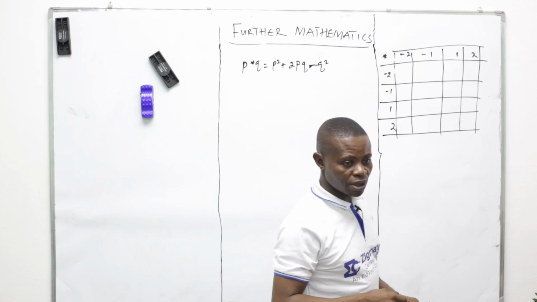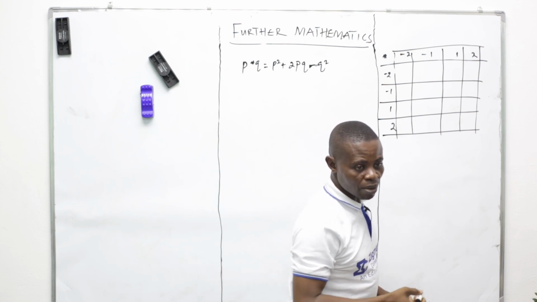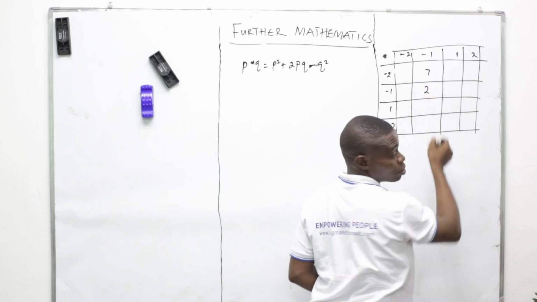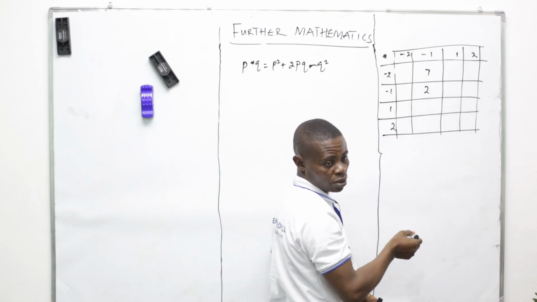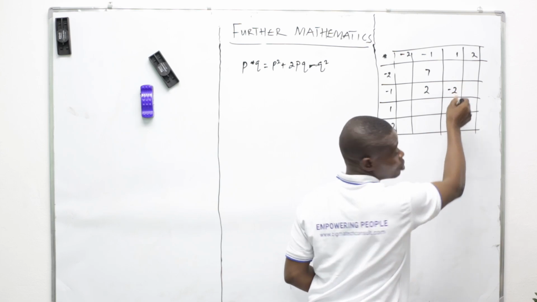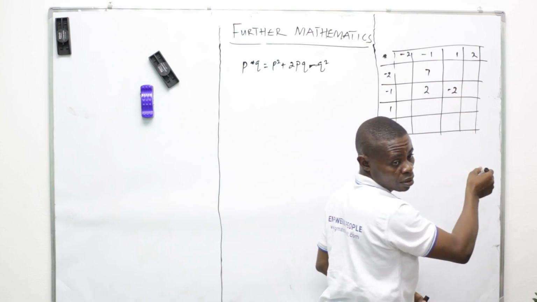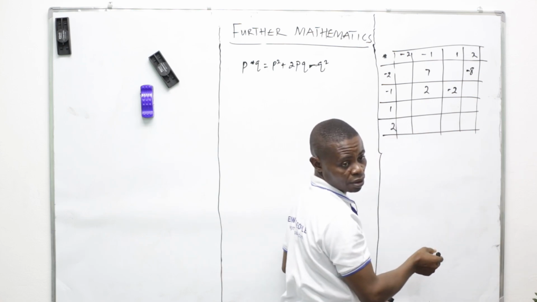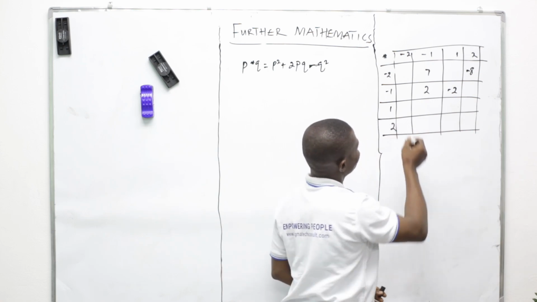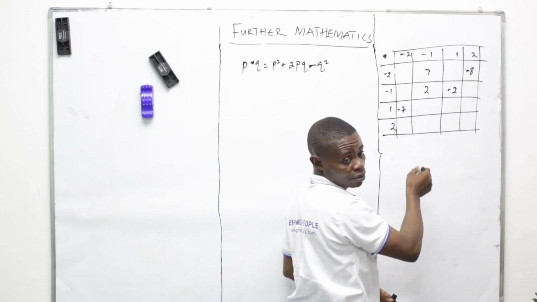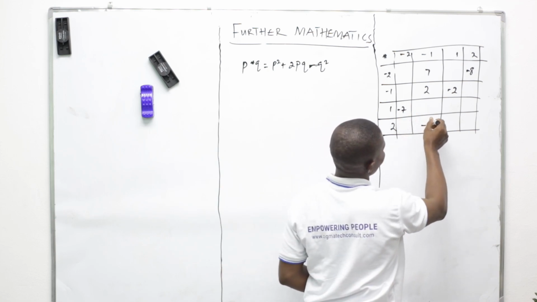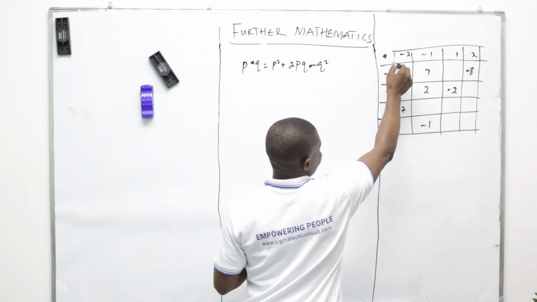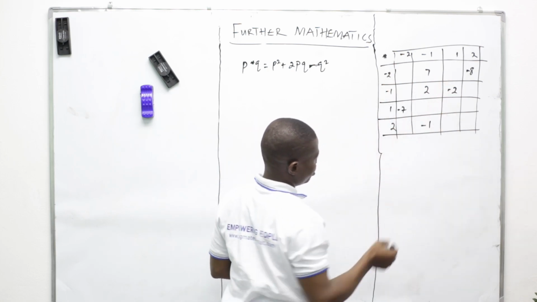We have to complete this table. Under minus 1, we have 7, 2, minus 2, minus 8, minus 7, minus 1. So here we are to fill in the vacant squares.